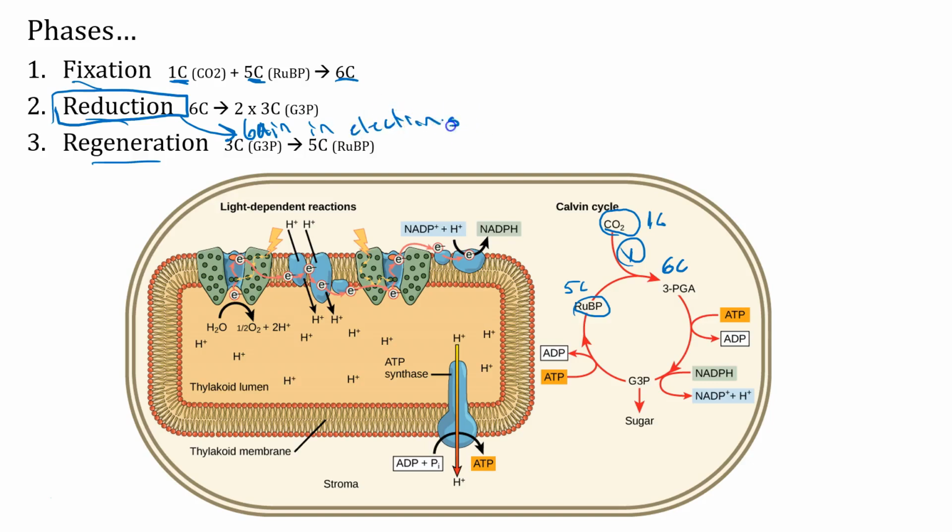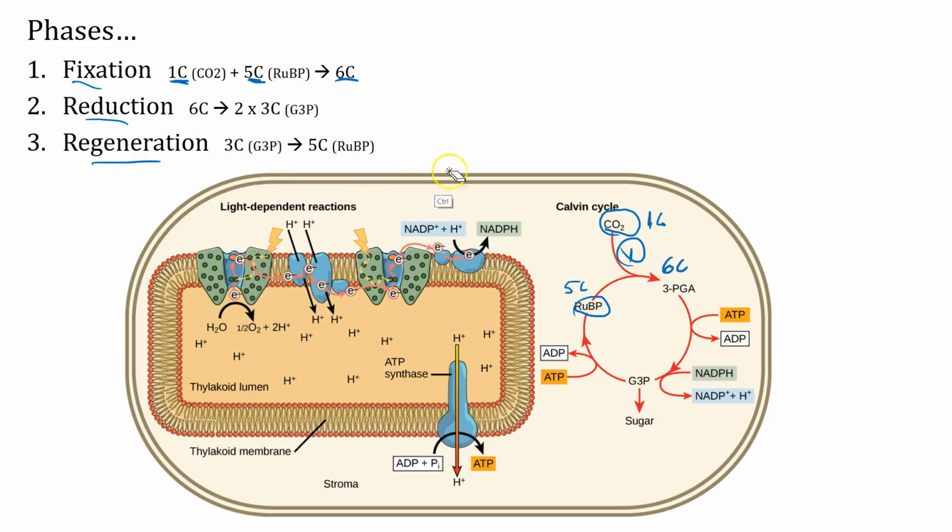If you can't remember the difference between reduction and oxidation, remember LEO the lion goes GER, meaning a loss of electrons is oxidation, whereas a gain of electrons is reduction. Just a fun little mnemonic to help you remember the difference. So if we're talking about reducing something, we're talking about it taking up some electrons.